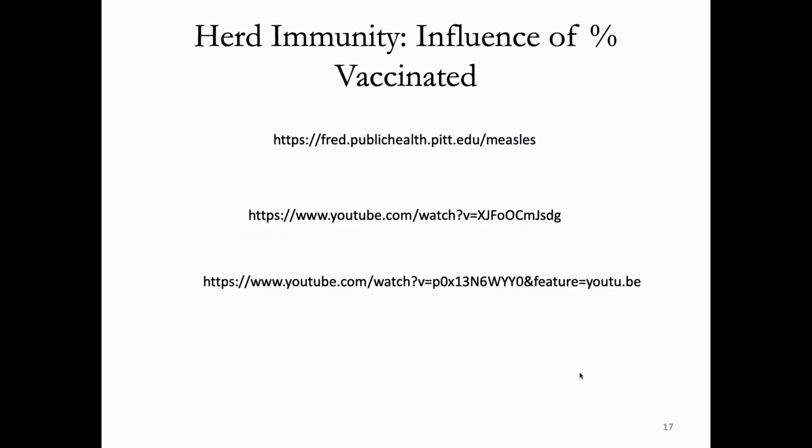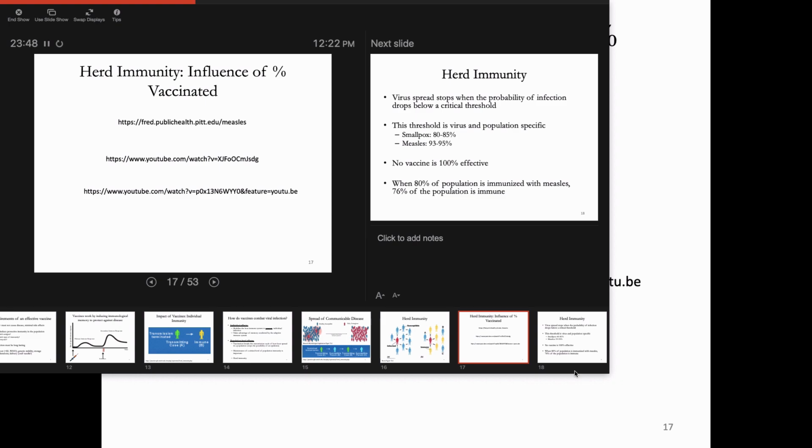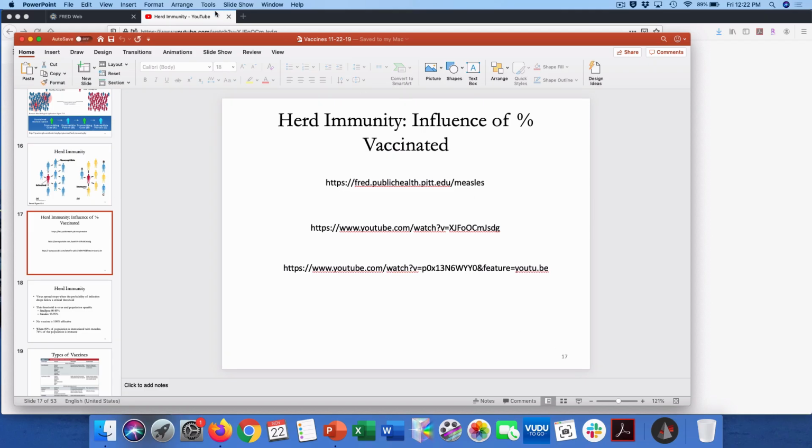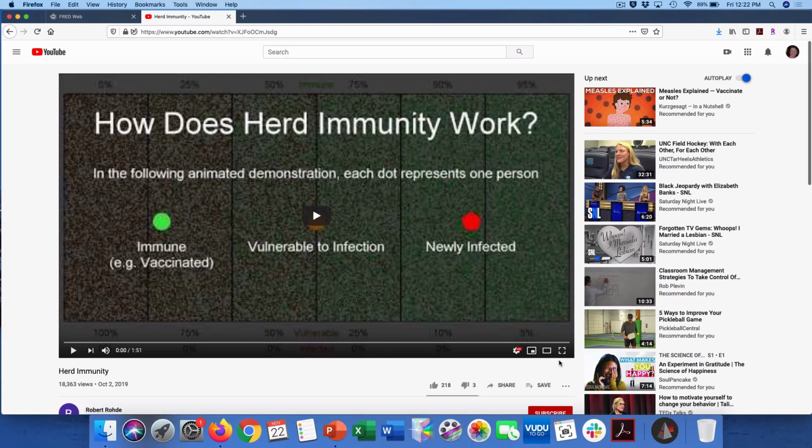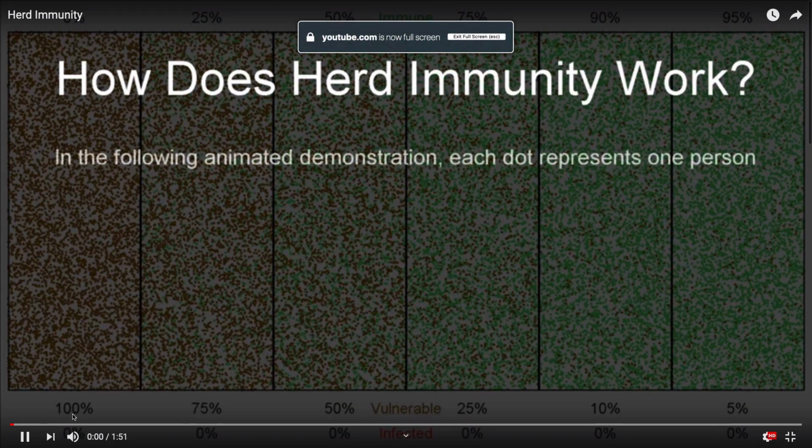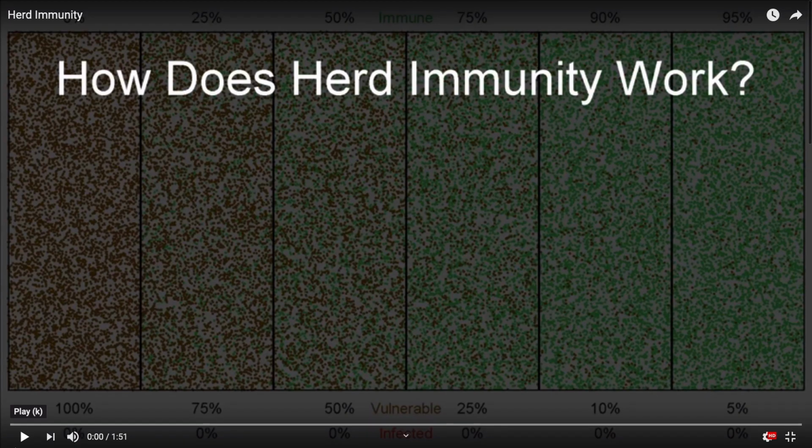So here are the links. I'm only going to show you 2 of them because I already showed you one of them. This one is a general thing that shows you herd immunity. Red dots are people who are infected, green dots are people who are susceptible.